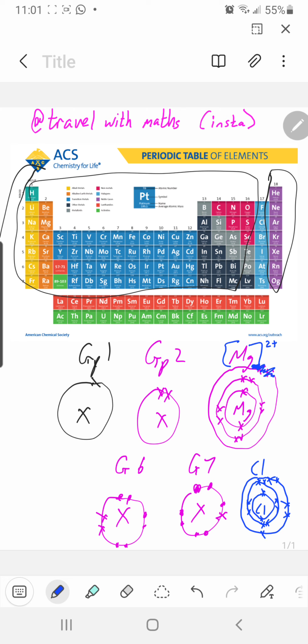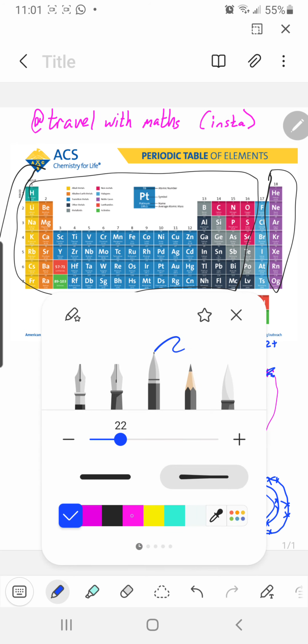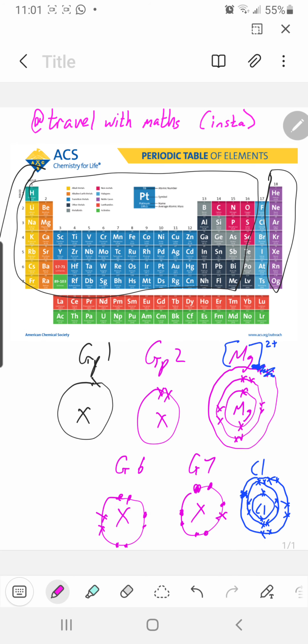I know, horrible drawing, sorry about that, but I hope you get the knowledge across. Okay, so it has 17 electrons, and we know that it will be easier for it to gain 1 electron. So just think about it.